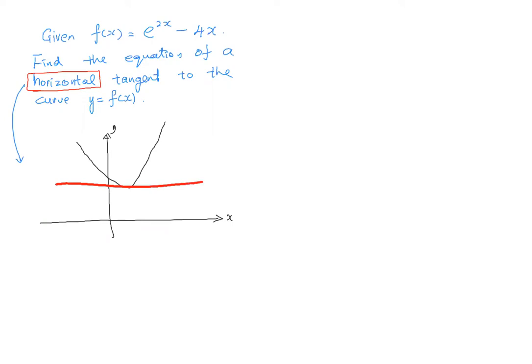This tangent will be parallel to the x-axis. So this is called the horizontal tangent. Tangent that is parallel to the x-axis. This is called horizontal tangent.